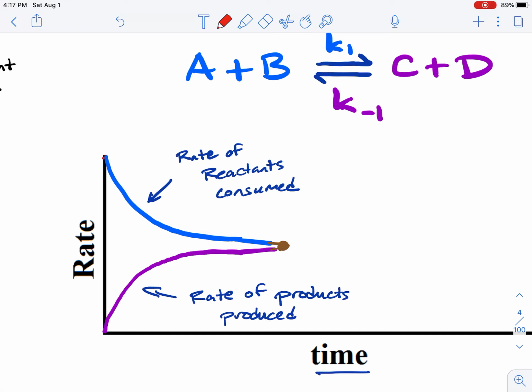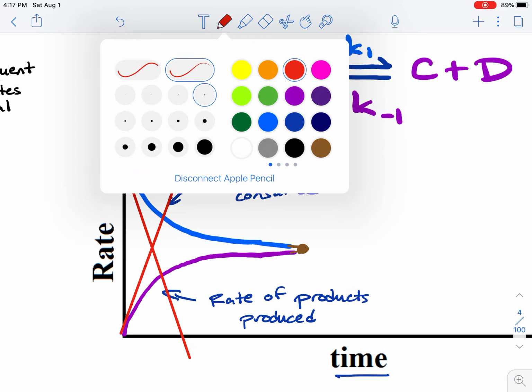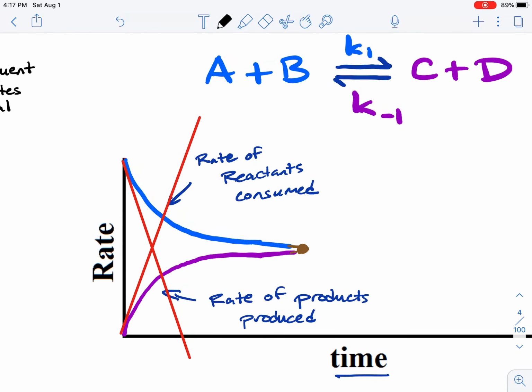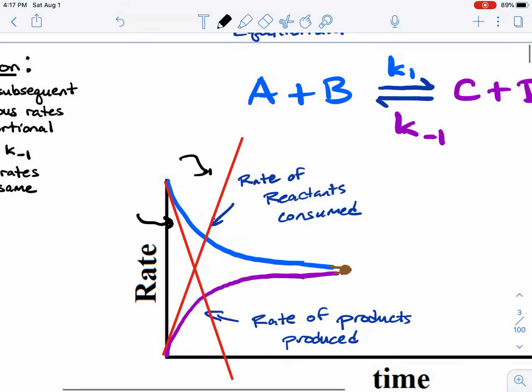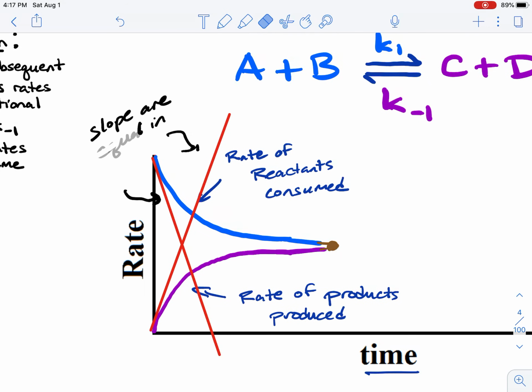And so if I were to draw a line that's tangent to the curve right about here, and let's go ahead and do one for the products, which is right about here, notice that the slopes are equal in magnitude. Or proportional.